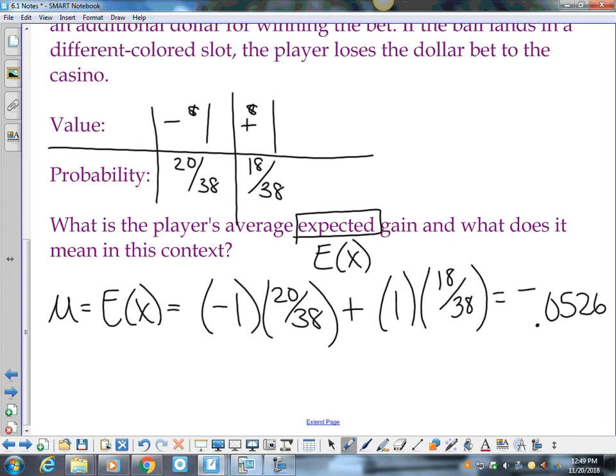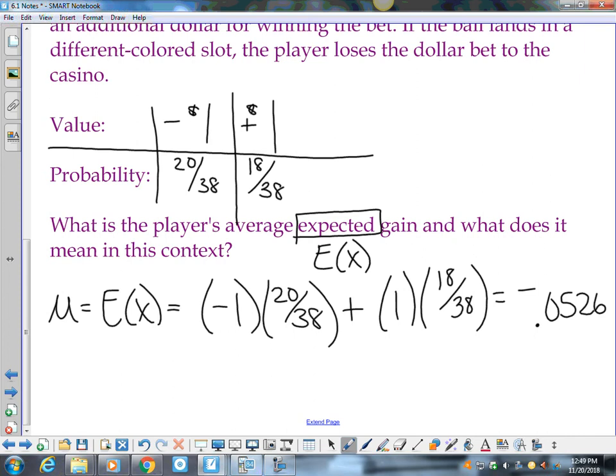But this is money. Does everybody agree that you're going to write this because you're expected to go 3 decimal places? 4 if it starts with a 0. But when you write your sentence, please don't put negative 0.0526 with a dollar sign on it, because that looks weird.